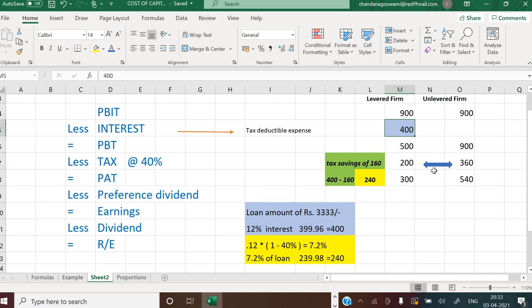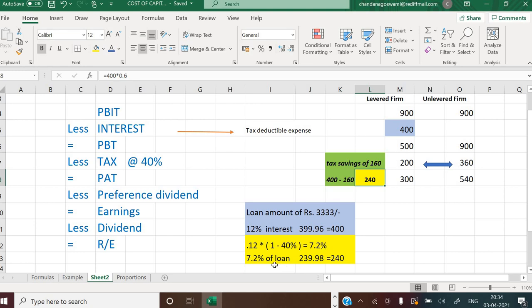Now, although you pay out interest of 400, you have a tax savings of 160. So effectively your outflow is 240. Now again have a look. If 12% was the interest rate and I am multiplying it by 1 minus tax rate, it works out to 7.2%.